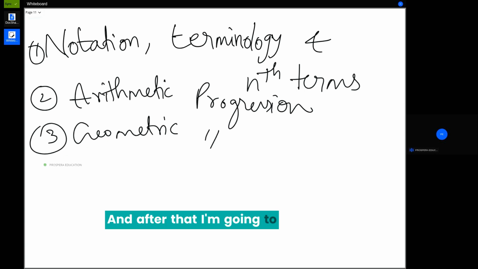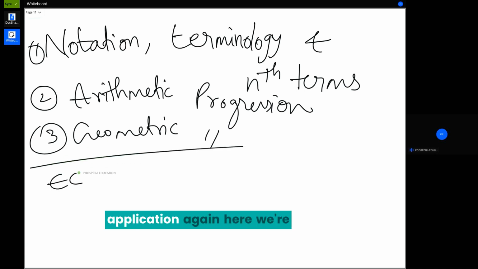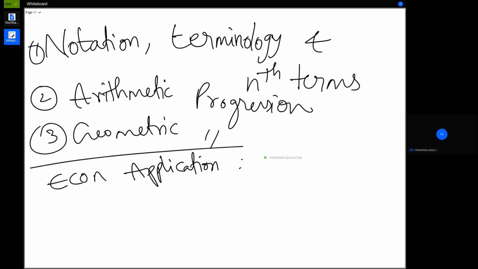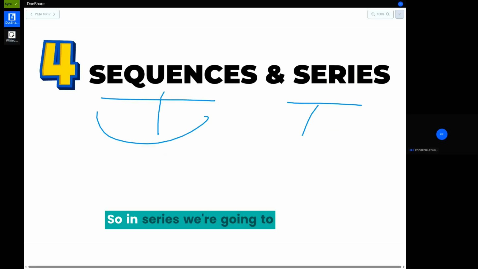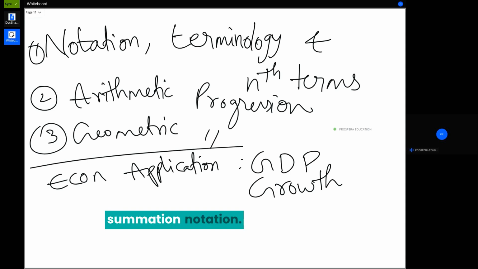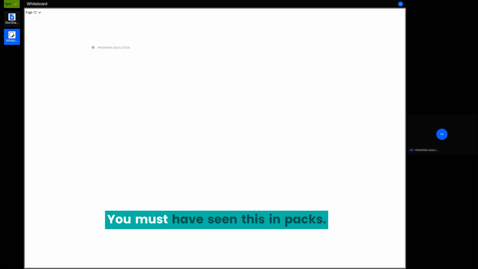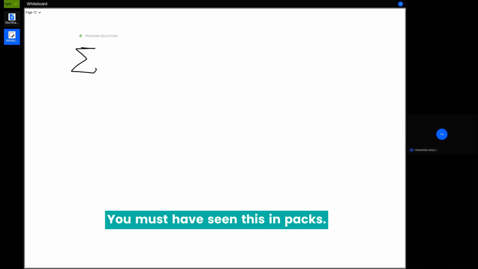And after that, I'm going to talk about econ application. Again, here we're going to talk about GDP growth. So, in series, I'm going to talk about sums, series, and sigma summation notation. This sigma looks like this. You must have seen this in QIQs.